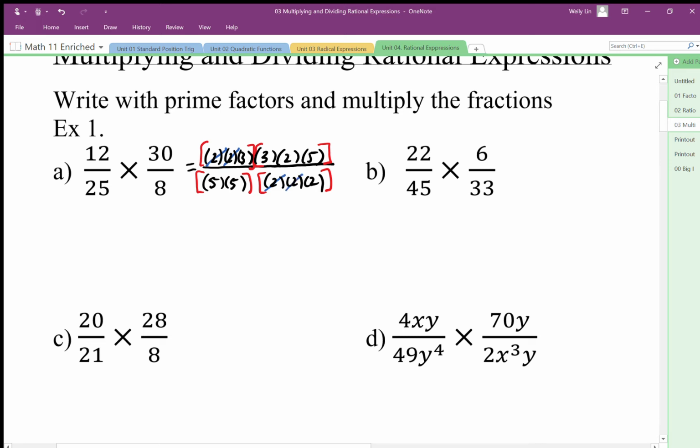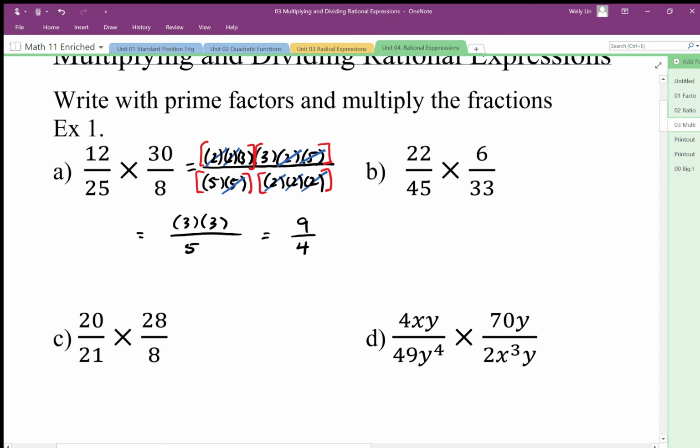Once I have that, I'm just going to rewrite this. So I have 3 times 3 on top. That's all the factors that are left, and I only have a 5 on bottom. So this ends up being 9 over 4.